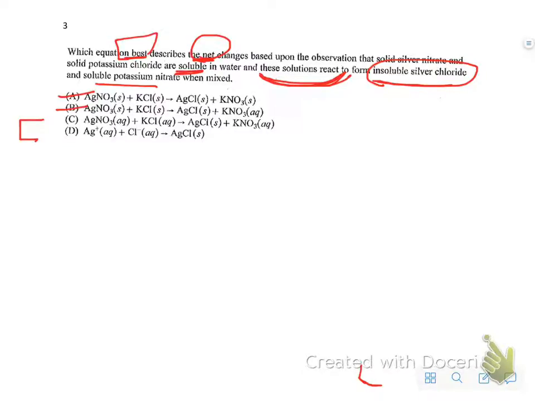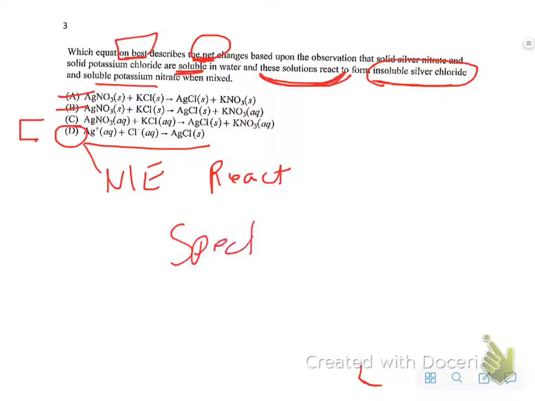And the folks in the AP always believe that the net ionic equation is the best way to represent what's actually happening because it only shows those participants that are actually reacting, and it does not include spectators. So the spectators have been removed. So the answer is going to be D.